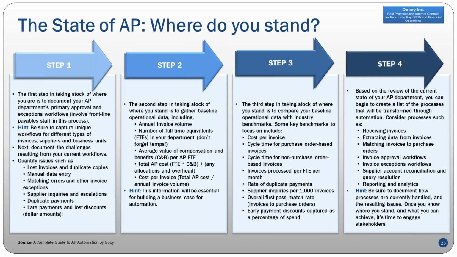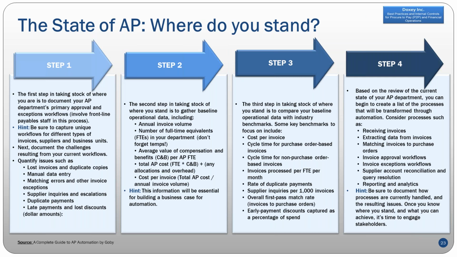Understand the number of your full-time equivalents, and don't forget the temps that you might bring in from time to time. Also consider the average value of compensation and benefits per FTE. Many companies look at salary only and don't consider that we've got to pay comp and benefits as well. Take a look at the total AP cost and any allocations and overhead.